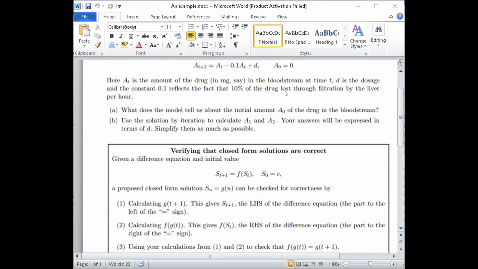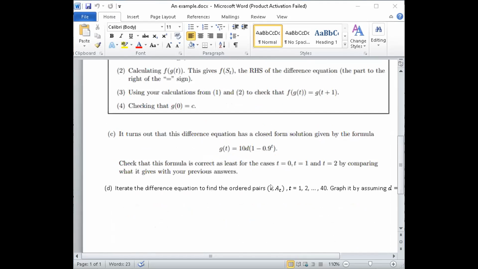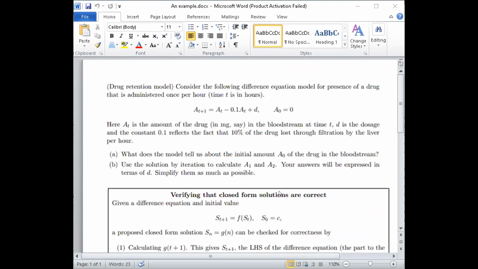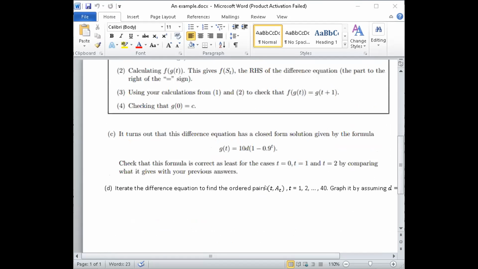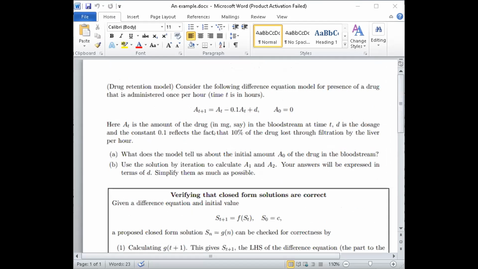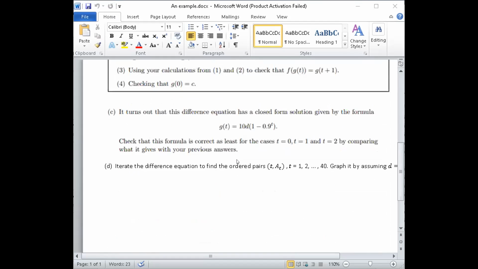After 1 hour, that means t equal to 1, we have to compute A sub 1 by just substituting numbers. So you know how to do that, right? And A2, A3, and so on.